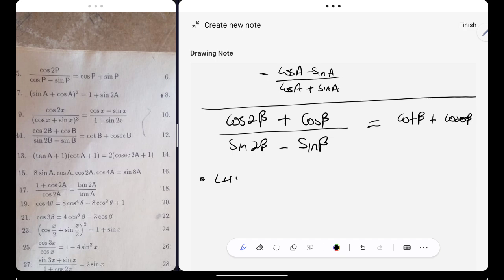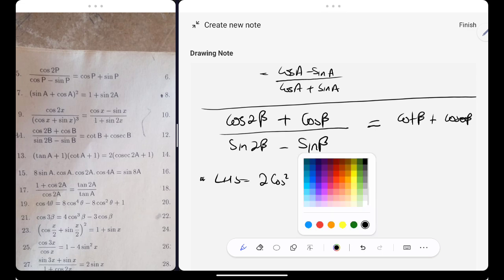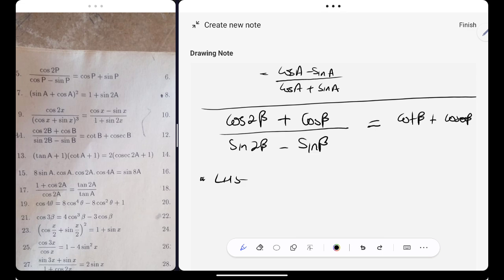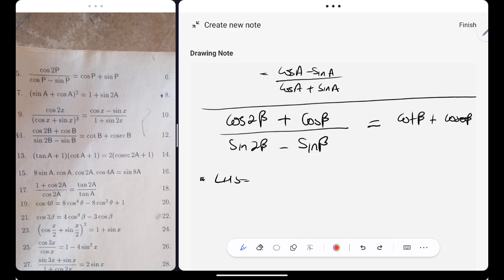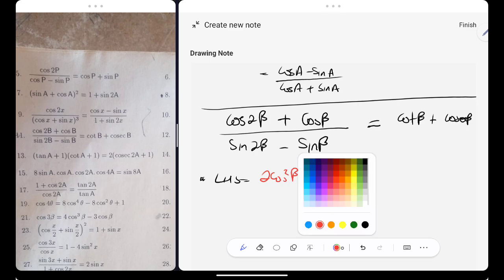Okay, the left hand side, since I have cos added to the double angle for cos, I'll simply change this one to 2 cos squared beta minus 1, right?